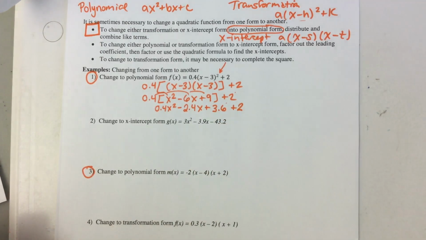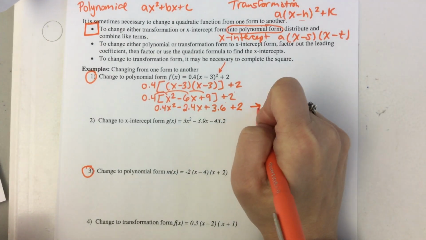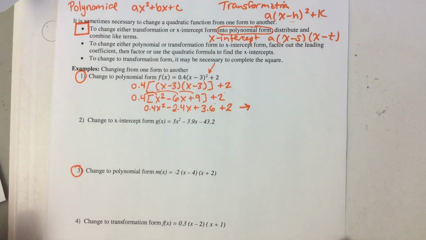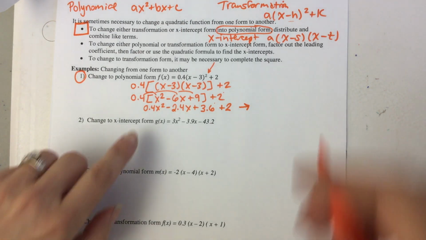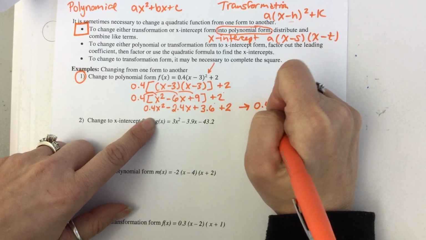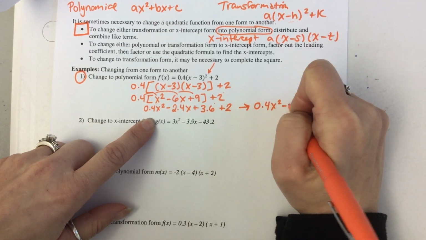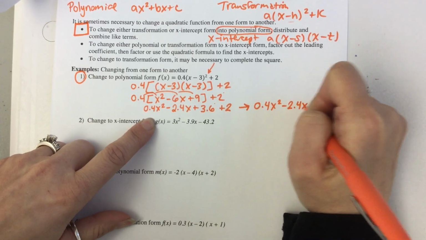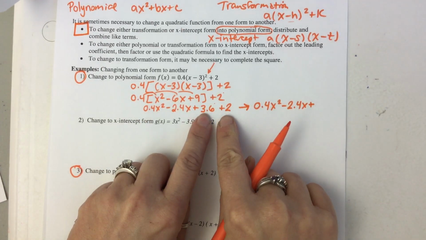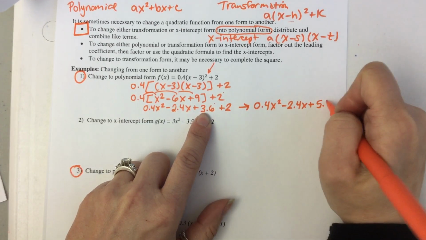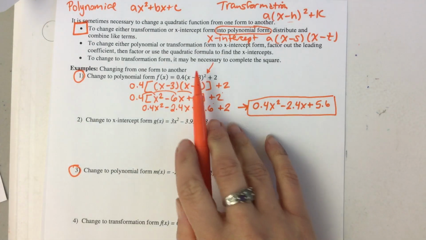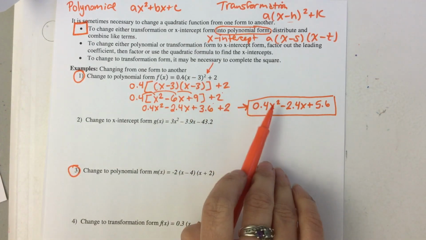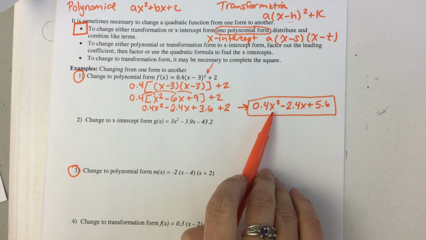We have the plus 2 at the end. Our final answer in polynomial form, you just have to make sure you combine like terms and have everything in the correct order. So it would be 0.4x squared minus 2.4x plus 3.6 plus 2 is 5.6. That is going from transformation form to polynomial form.